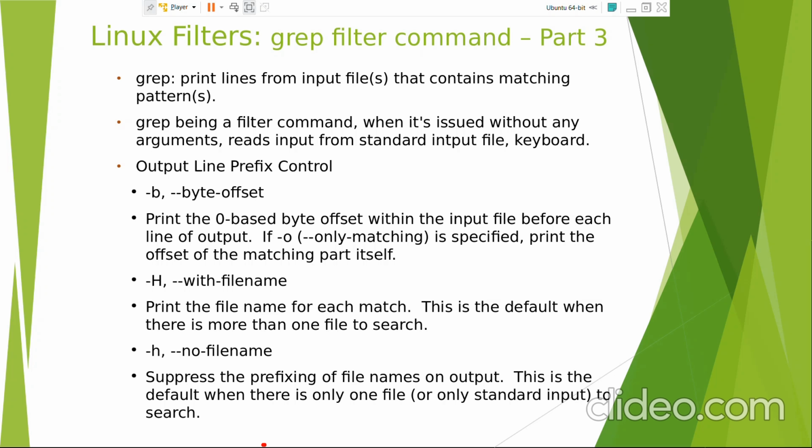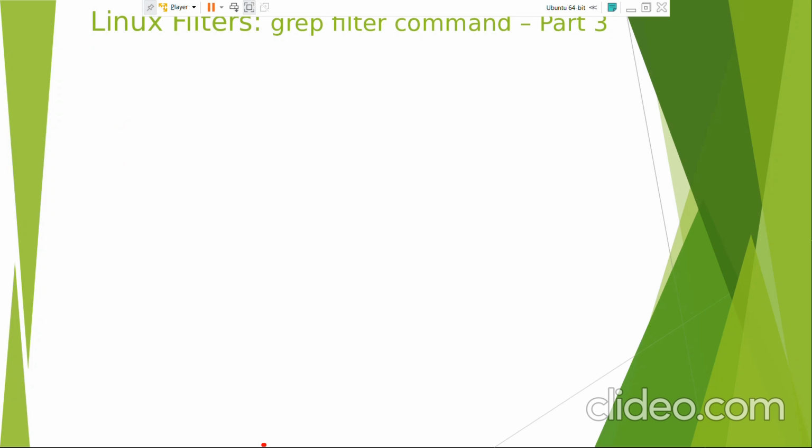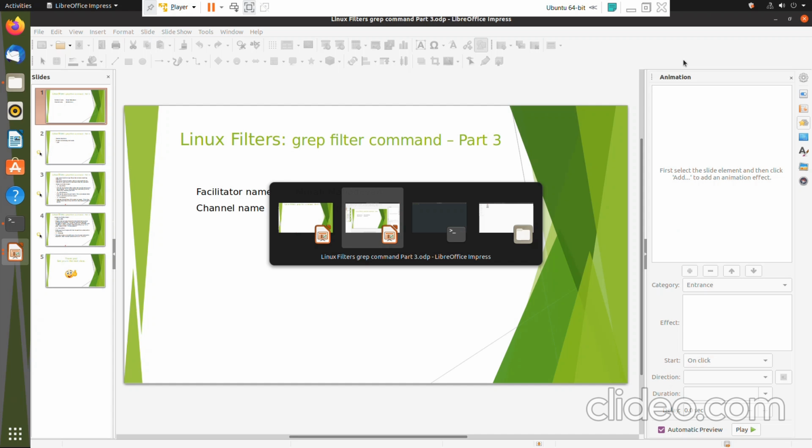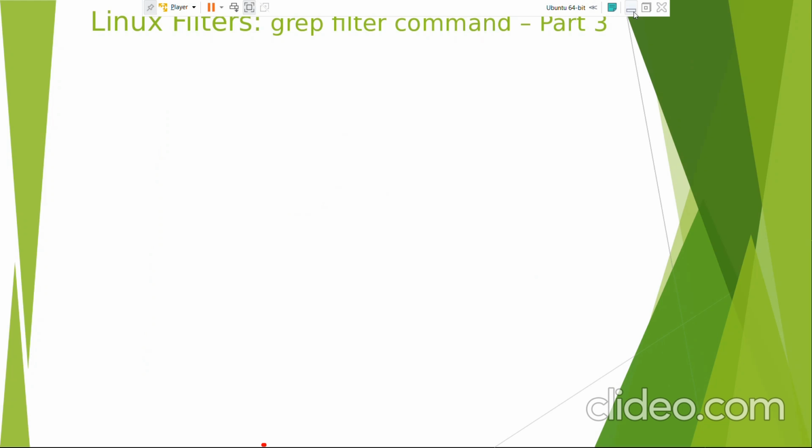Then the second file name, then its matching lines. Only then will we be able to identify which lines pertain to the first file, which to the second file, and so on. So -h, even if you are specifying multiple files, won't prefix the file names on the output. It will suppress the prefixing of file names on the output. This is the purpose of the hyphen small h option.